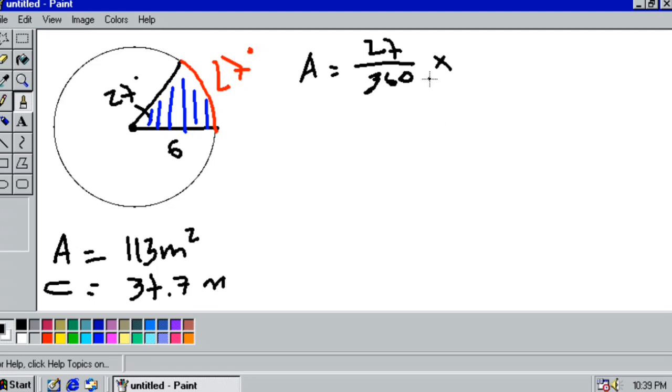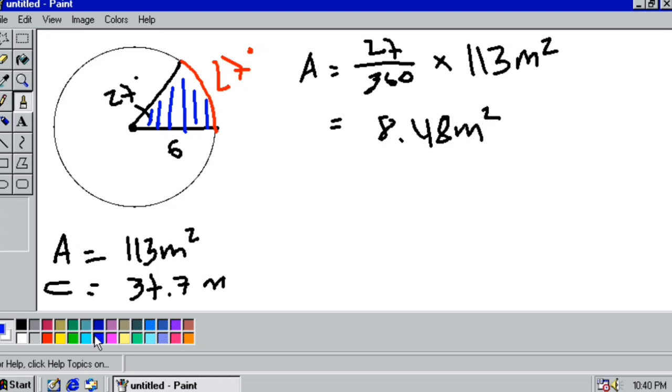So we will multiply it by the area of the full circle, which is 113 square meters. Now let's multiply it in a calculator. That will be 8.48 meters squared. So this is the area of the sector.